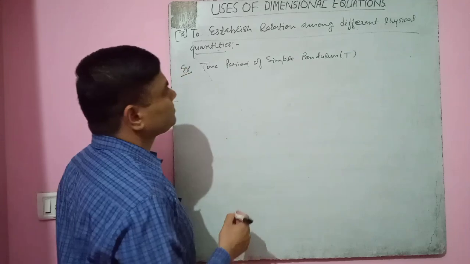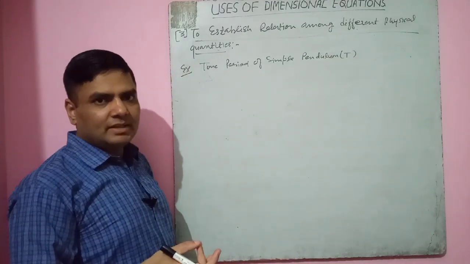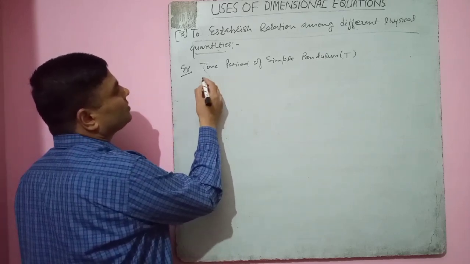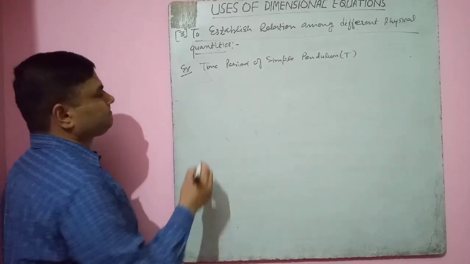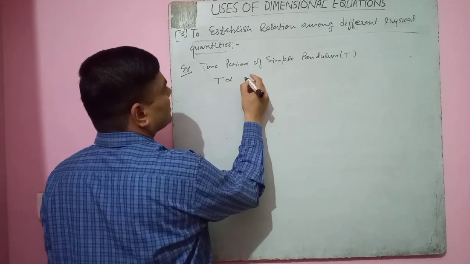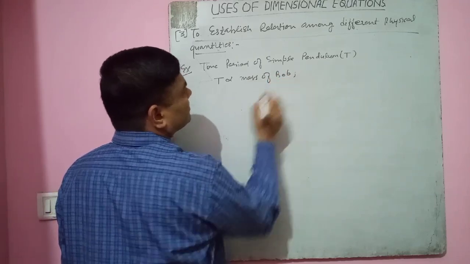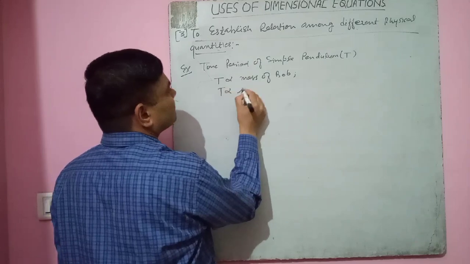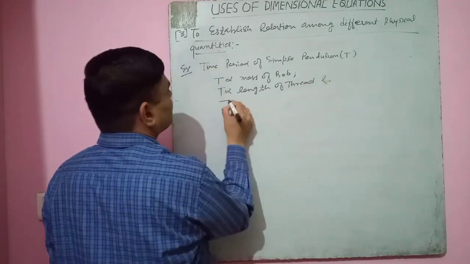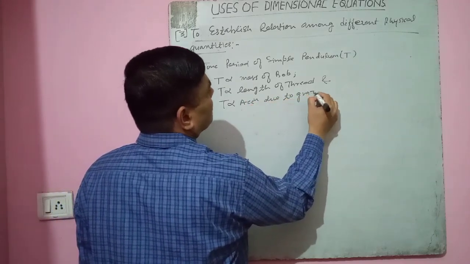So T is dependent on the mass of the bob, the length of the thread and the acceleration due to gravity.